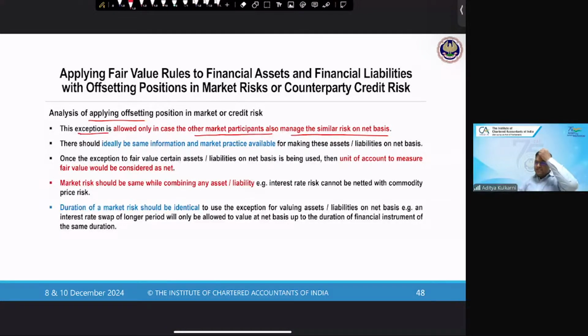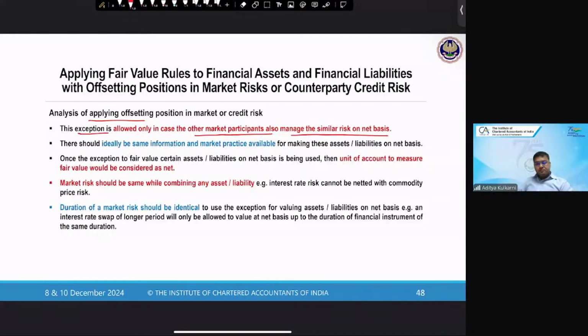Did you understand? Yes. So suppose your same party is your vendor, same party is your customer, and you are allowed to do a net settlement and others in similar situations also do a net settlement, then and only then you are allowed to pursue the net settlement. Did you understand this?